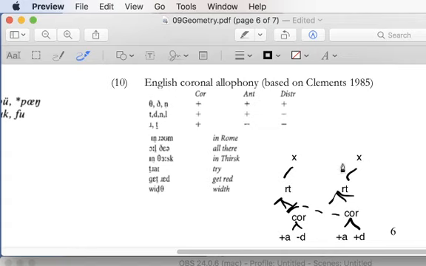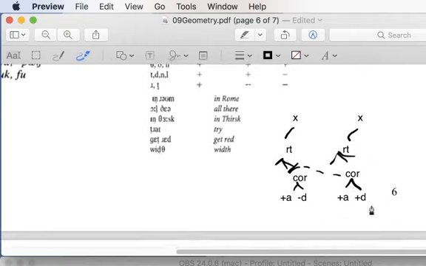So now we still have two segments, and they're still associated with different root nodes and different kinds of major class features, but they share a coronal node with all of its associated anterior and distributed properties. This is the claim here for the feature structure underneath the coronal node.